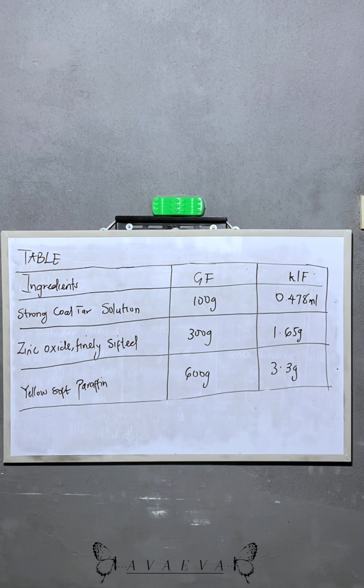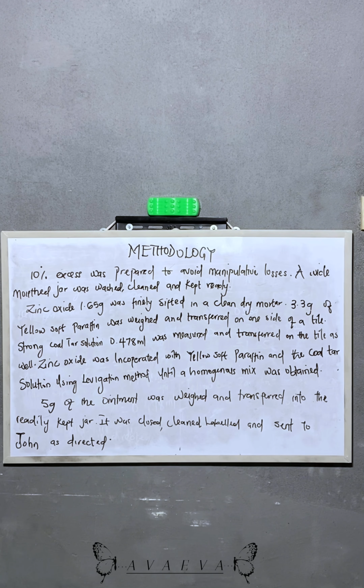Once that has been established, you will have your values like this and you write them down under your working formula. For our methodology, we have 10% excess was prepared to avoid manipulative losses. A wide-mouthed jar was washed, cleaned and kept ready. Zinc oxide 1.65 gram was finely sifted in a clean dry mortar. 3.3 gram of yellow soft paraffin was weighed and transferred on one side of a tile.